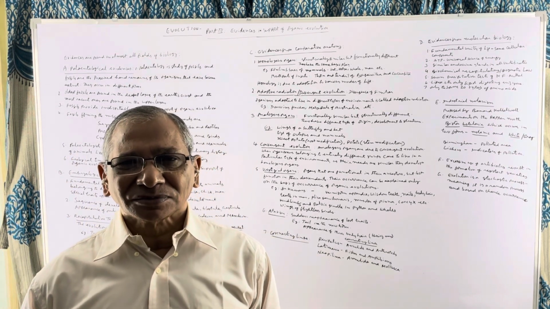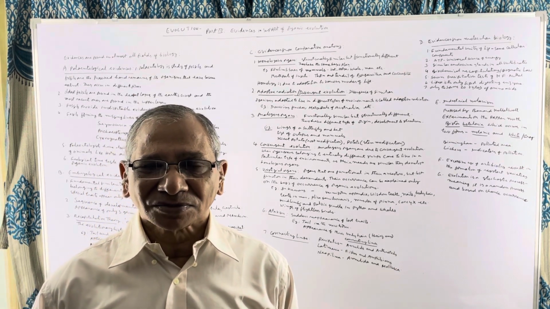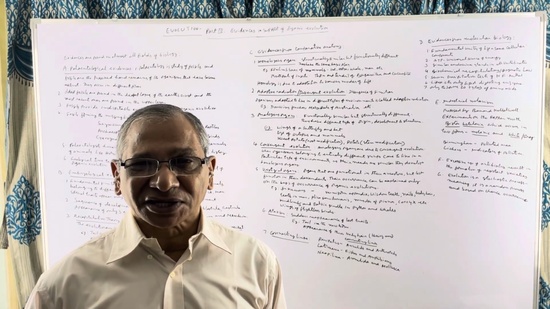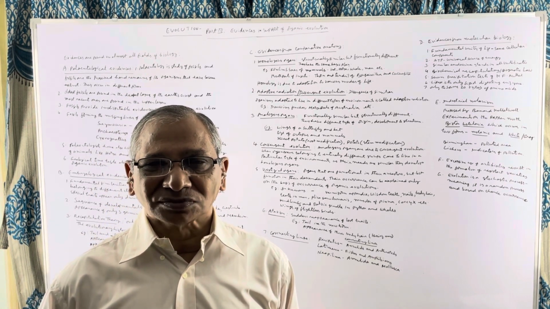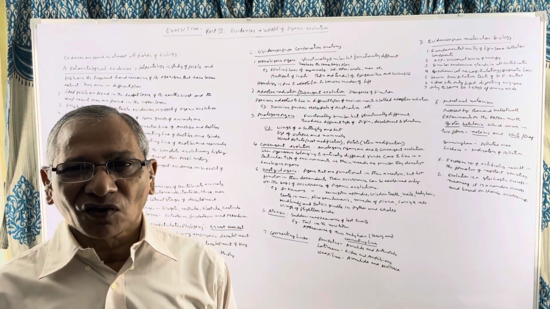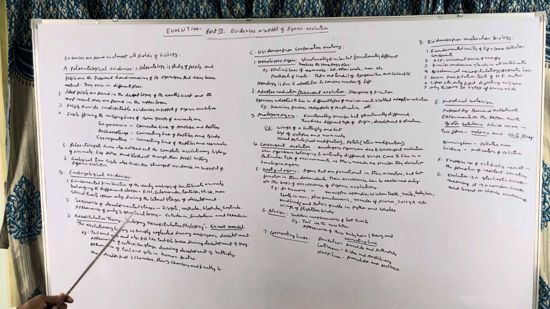These are common for all the multicellular animals. Why? This is because they have a common ancestry. The advanced forms have evolved from simple ancestral forms. This is another evidence.